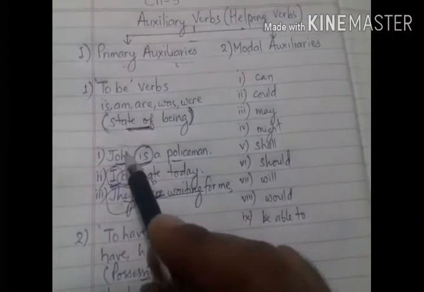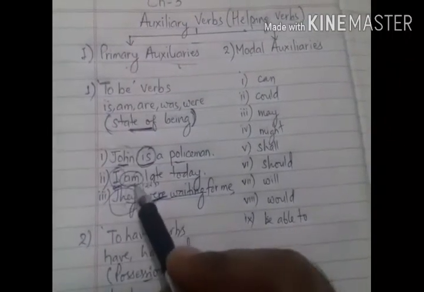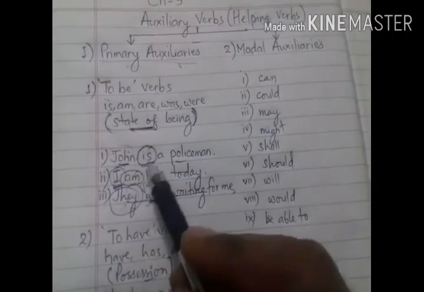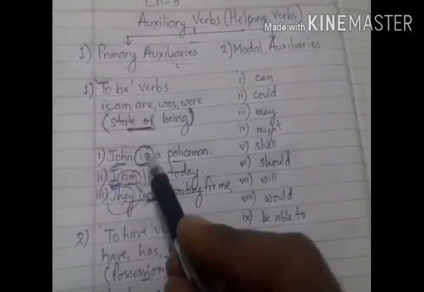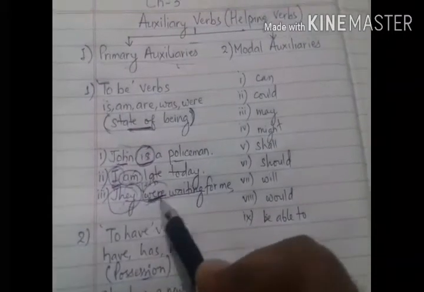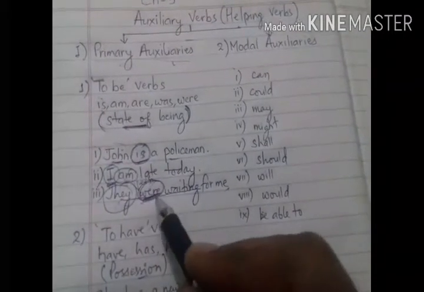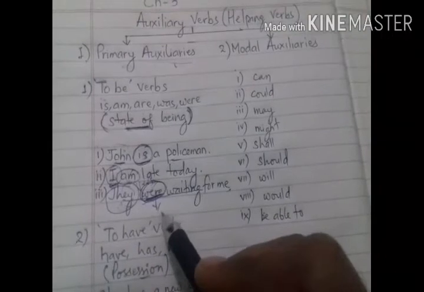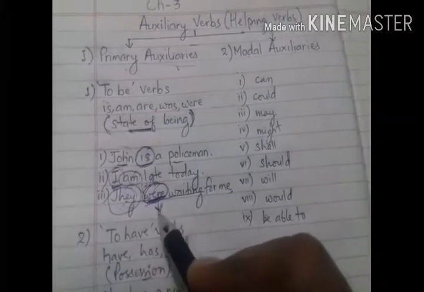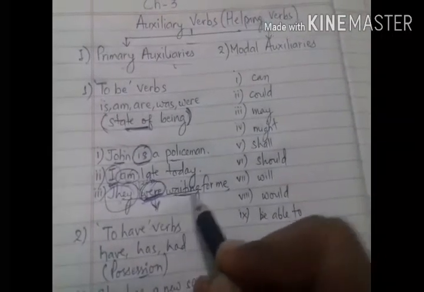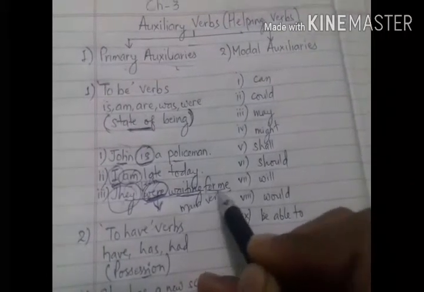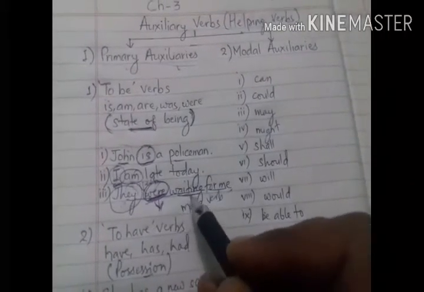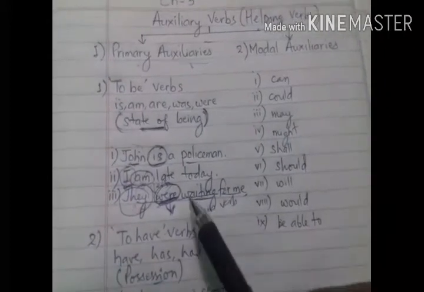In the first two sentences, these two verbs are used as principal verbs. But in the third example, were, which is also of the group of to be verbs, is used with the main verb to give a meaningful sense, and here it has also changed the tense.